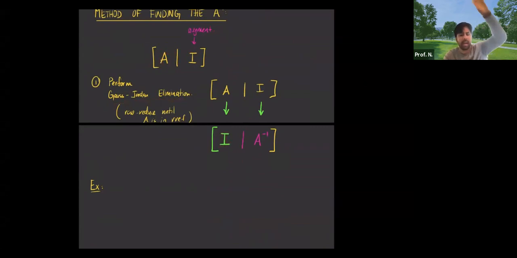We take A and make it into the identity. In doing so, if I perform row operations to this entire matrix, not just A, but the entire matrix, I will get on the other side, this identity matrix will become the inverse. Does that make sense?